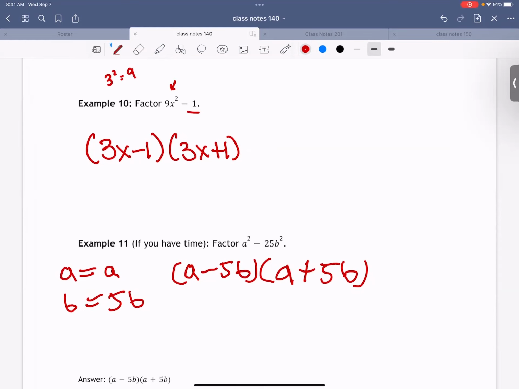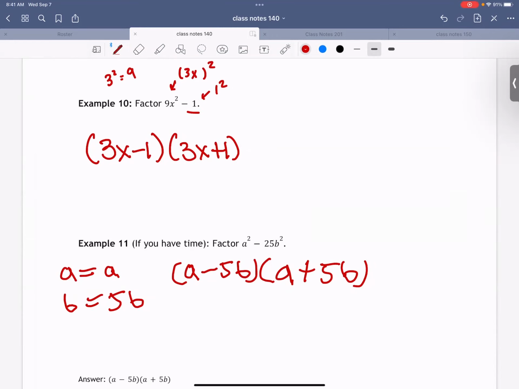If you don't see how the 3x squared becomes 9, I always like to rewrite the first term as something squared. So I think that's how Precious got the 3x in the middle. Now 1 isn't technically squared here, but 1 squared is 1. Any questions on example 10?